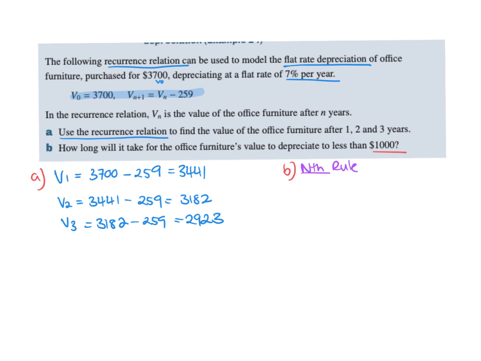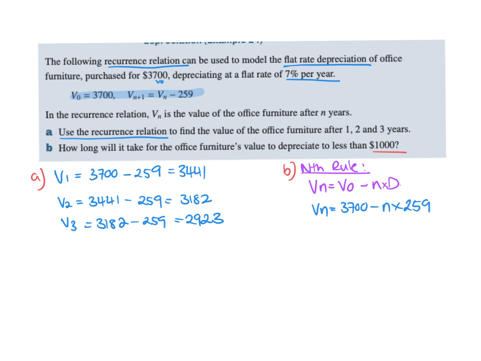So the nth rule, looking up at the top of your page, is Vn equals, so I'll just write the generic one so you can see what it is. And then in this scenario, V0 is 3,700. And what's the D? 259? Yep. So I can read that off.